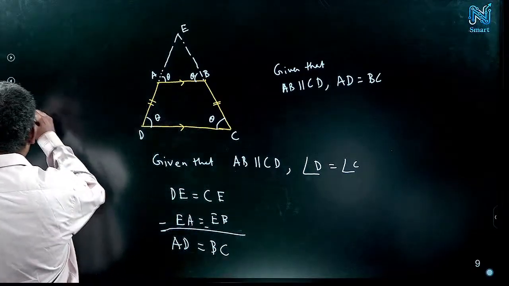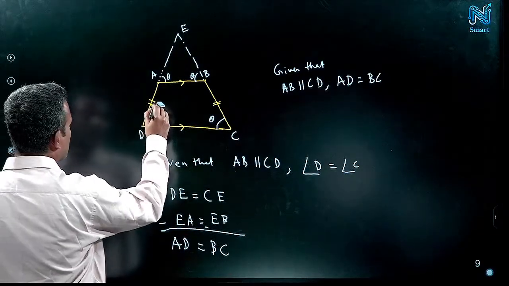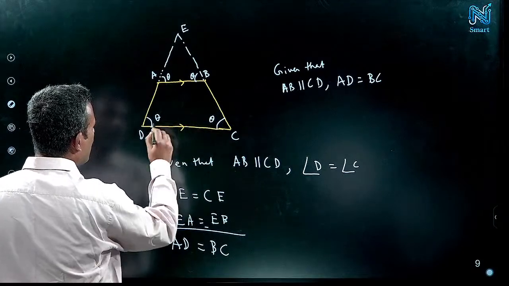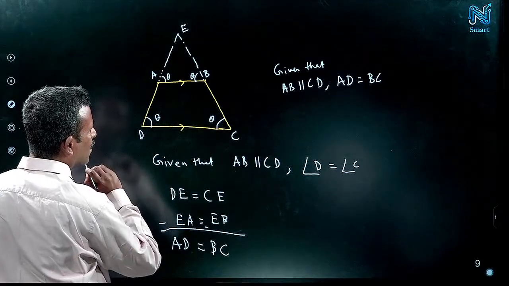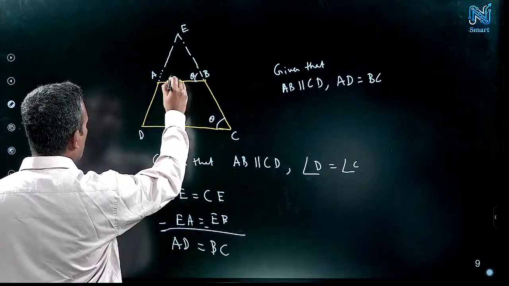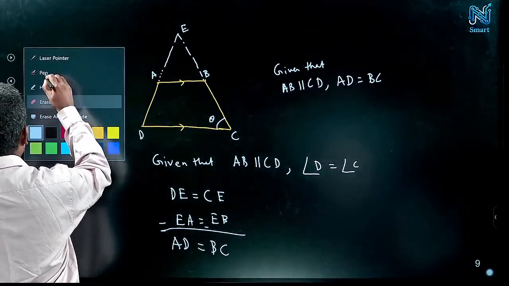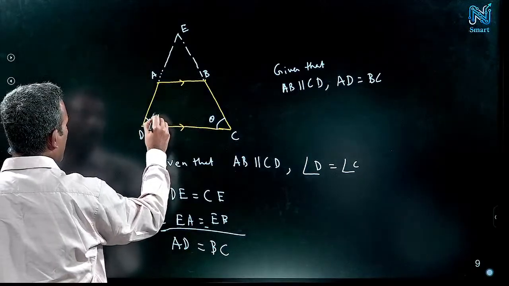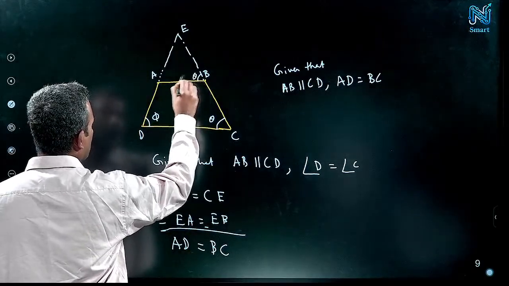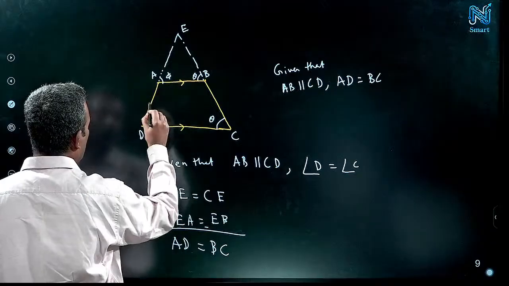We don't know whether these two are equal or not. Okay, now we just erase this. We only know these two are equal. So this is theta, say this is phi, this is theta, this is phi, and we know these two are equal.